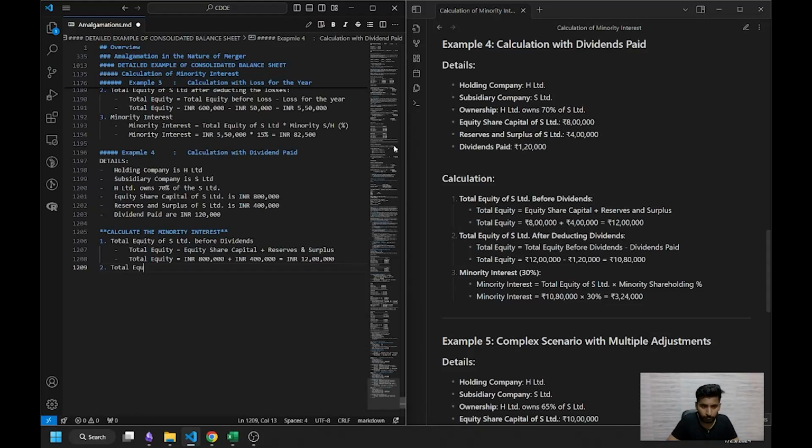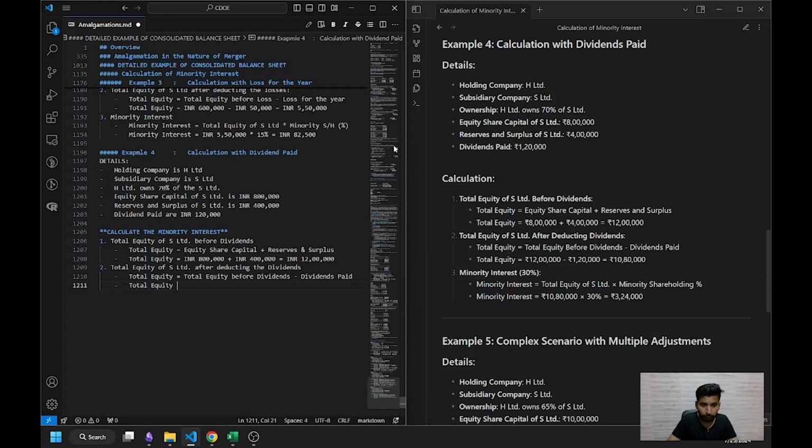Then the total equity of S Limited after deducting the dividends. After deducting the dividends, the total equity is equal to the total equity before dividends minus dividends paid.